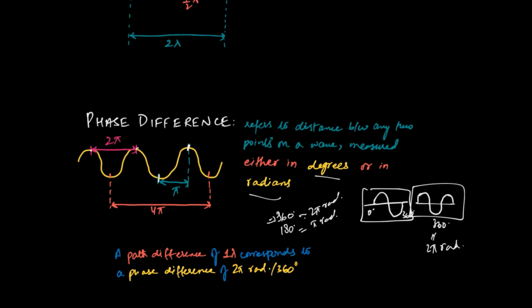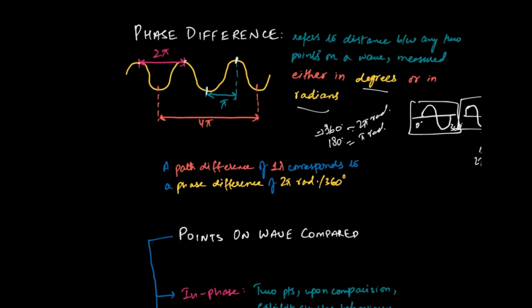So moving on, here is a small pointer, and it just sums up this idea which we just did for this calculation of the phase difference, and that is a path difference of 1 lambda corresponds to a phase difference of 2 pi radians.